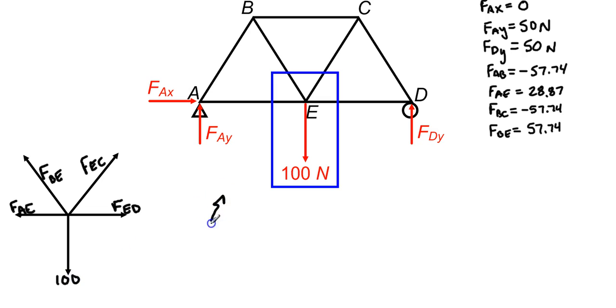Alright, so let's go ahead and take a look at what's going on here and figure some stuff out. The force in the x direction is going to be equal to 0, the sum of the forces in the x direction. We've got a negative force at AE, and I'm just going to go ahead and plug this in because we've already solved for AE, so negative 28.87. We've got the force at ED, which is going in the positive direction.